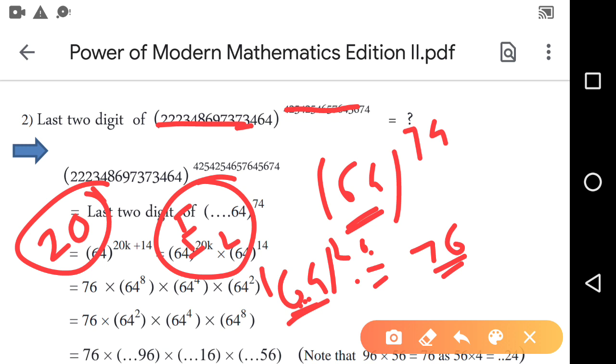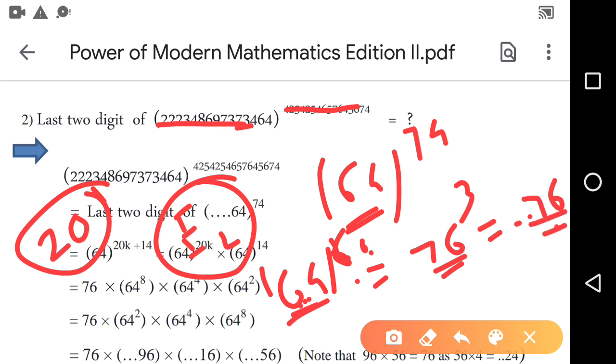Now if we raise this to the third power, 76 raised to 3, that becomes 64 raised to 60. So 76 raised to any power also ends with 76.